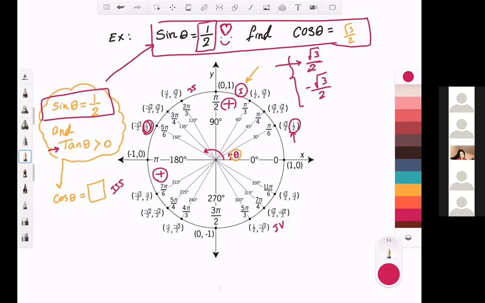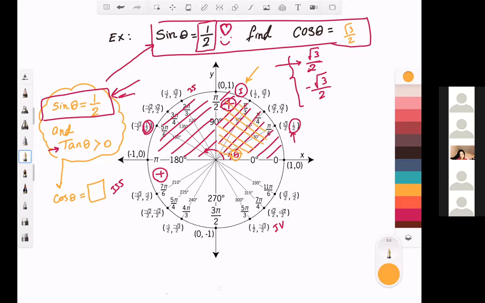So now what do we have? We see sine is positive, correct, it is 1/2. That means theta is going to be in quadrant 1 or quadrant 2, because in quadrant 1 and quadrant 2, sine is positive. Tangent is positive in quadrant 1 and quadrant 3.